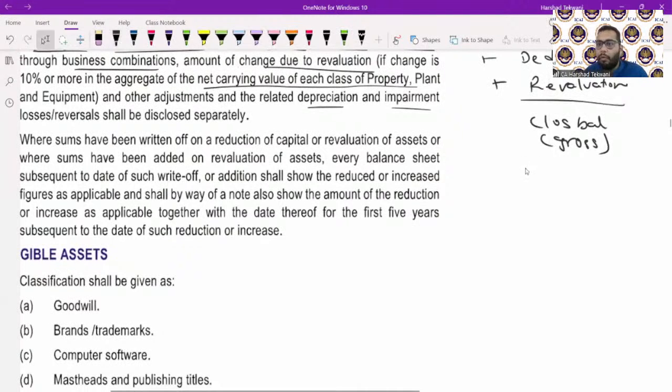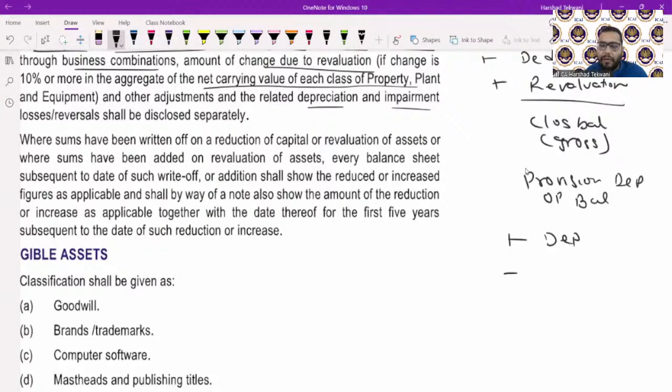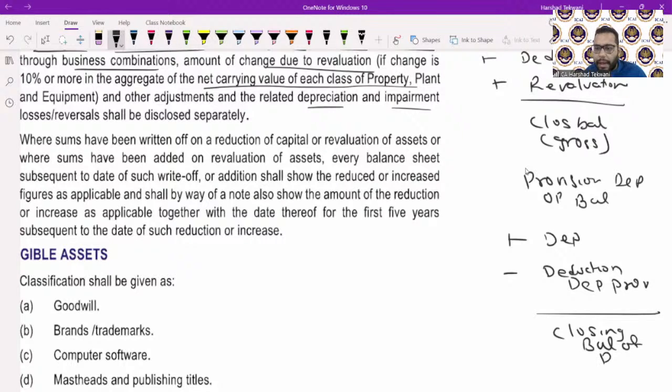Then for depreciation, provision of depreciation, opening balance, addition means current year's charge, minus, if you sell an asset, you reverse any depreciation, so deduction from depreciation provision, then you will get the closing balance of depreciation.